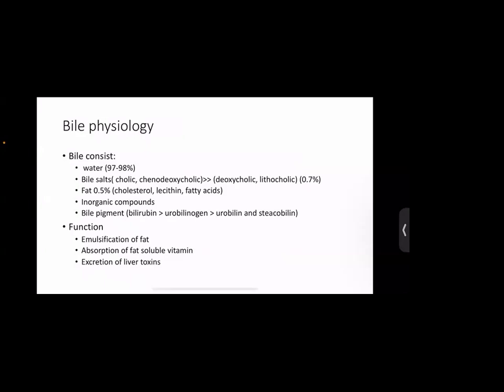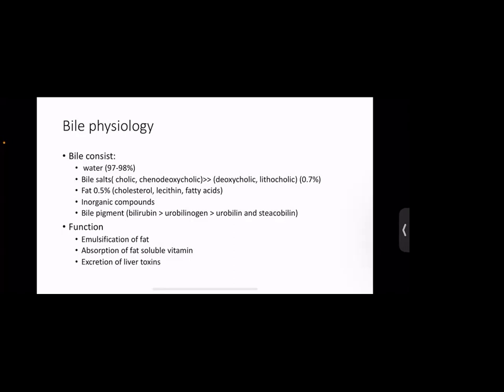It also consists of inorganic compounds, bile pigments, vitamins, and electrolytes. Bile pigments found in the bile include bilirubin, which is broken down to urobilinogen in the gut, in the intestinal tract, and broken down further to urobilin and stercobilin.